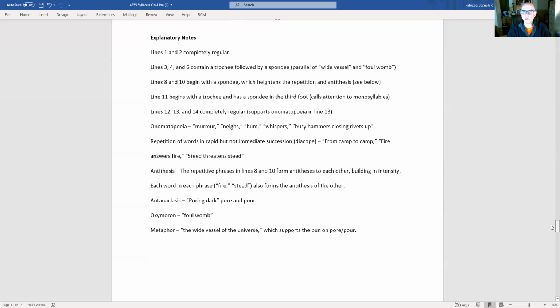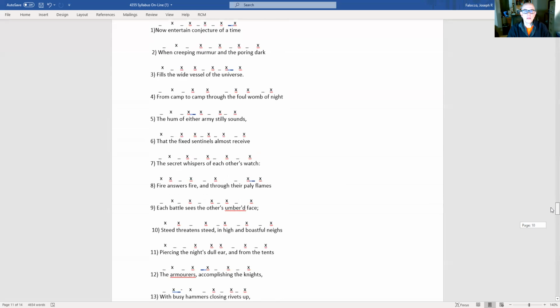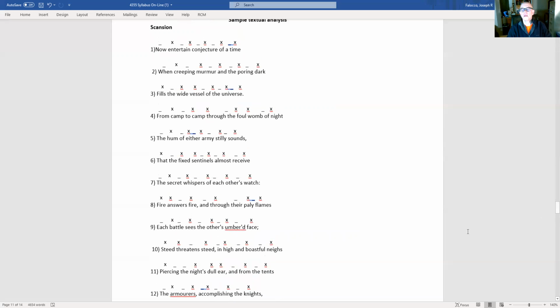So if we do this work on a speech, we paraphrase it, we scan it, and we analyze its poetic and rhetorical values, then when we perform that speech, and again, this is not an acting class, but I'm doing the same analysis with you that I do for actors. To read Shakespeare well, you need to read it like an actor. And again, most of you are going to end up teaching.